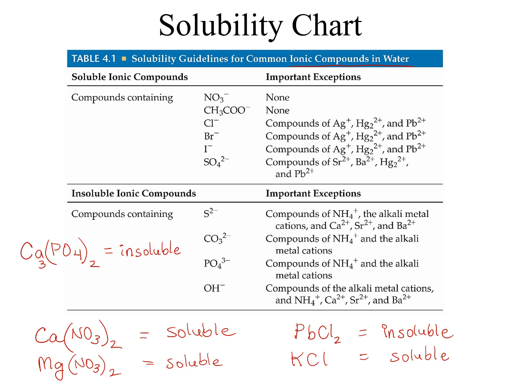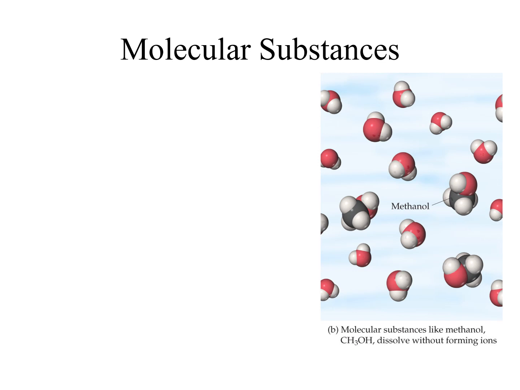Let's go back to our example. Let's write a few more ionic substances dissolving in water. Suppose you have magnesium chloride. From the solubility chart, you can tell that magnesium chloride dissolves in water.